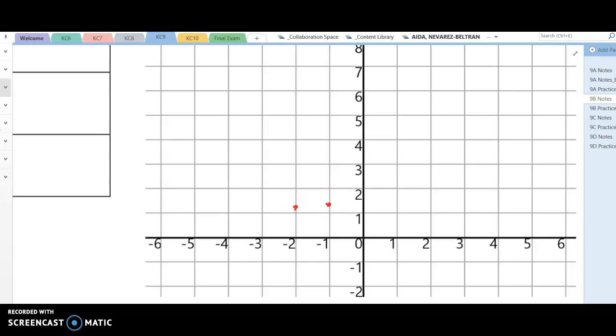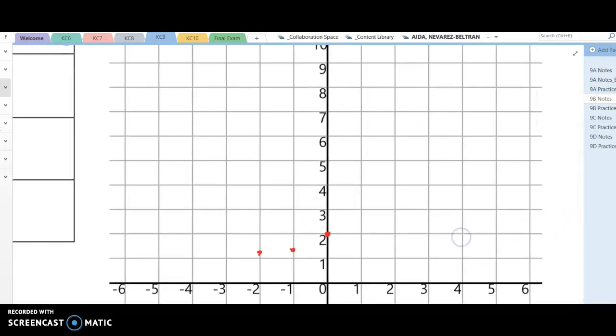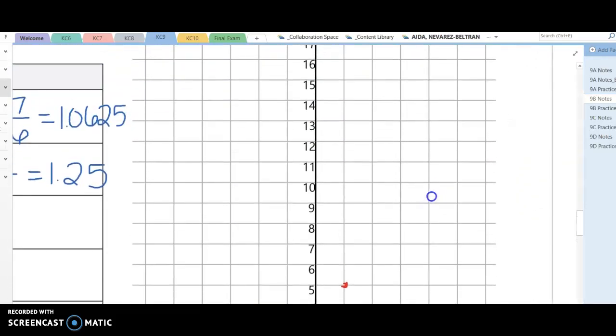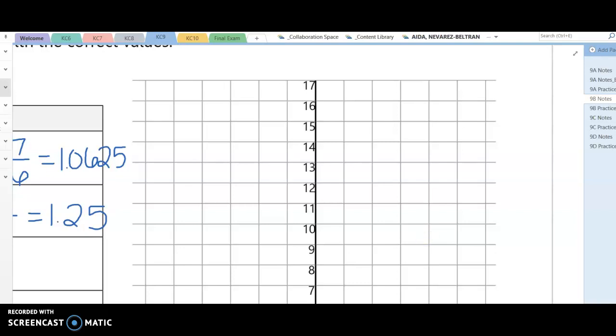Then it was 0, 2, so here's our next one. Then it was 1, 5 was our next one. Oh, that one didn't stay. 1, 5, there we go. And then our last one was 2, 17, so that's way up here.